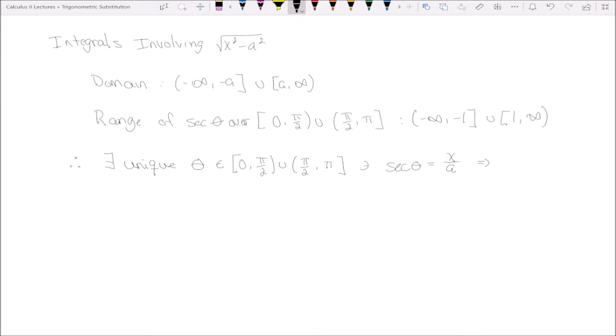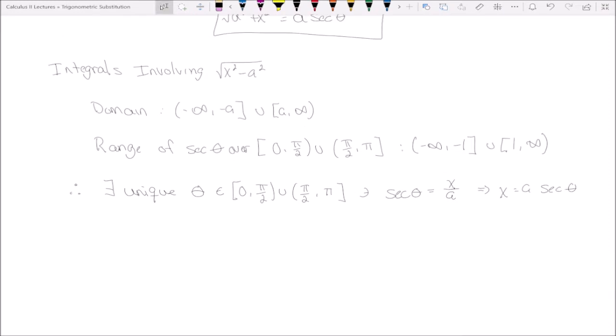which means x is a times secant of theta. And to see this, I did forget up here, this means that x is less than negative a, or x is greater than a, which means that x over a is less than negative 1, or x over a is greater than positive 1, right?